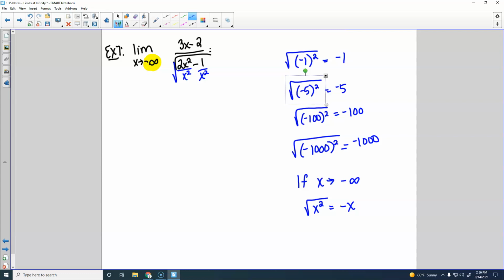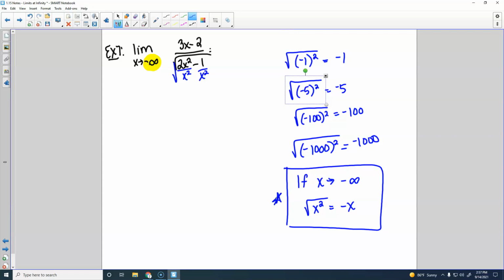But I understand what you're asking here, like if you square it first, it's positive, and then you take the square root, so you would get a positive there. But we also have inverse operations happening here. So when we're dealing with these negative numbers, these inverse operations are canceling each other out. There could be a way you could notate that, but this is a fact you have to know for these limit problems.